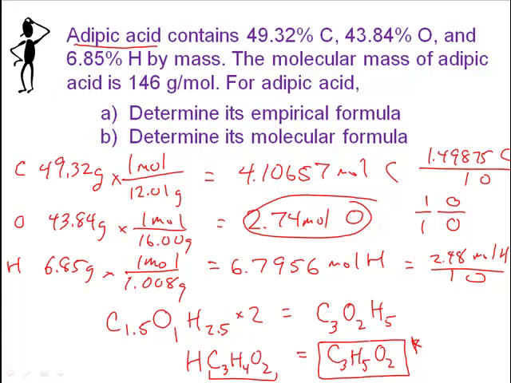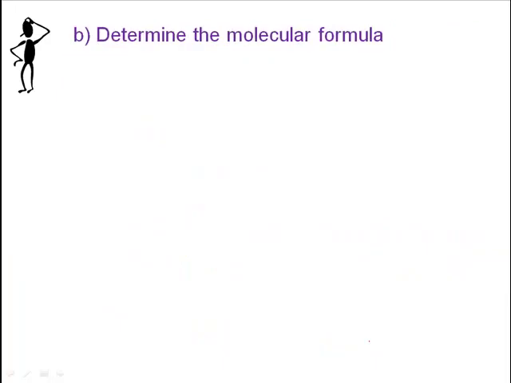So technically speaking, yes, all 3 of these would be correct. The most likely answer that you would see on the answer key would be this. But they're all correct, it's the same ratio. All of these are empirical formulas. None of these are actually the acid itself. So because these are empirical formulas, C3H5O2 is what we have as the empirical formula.